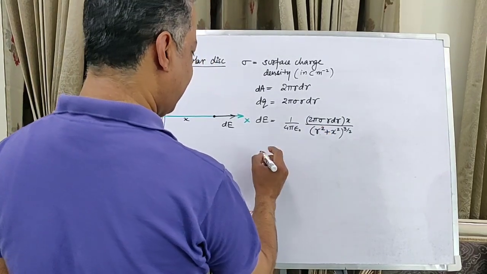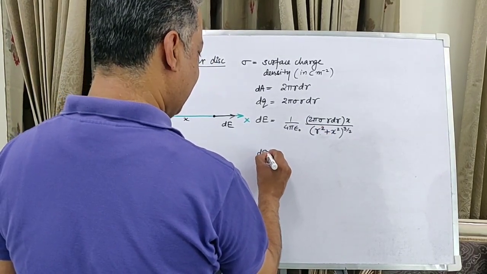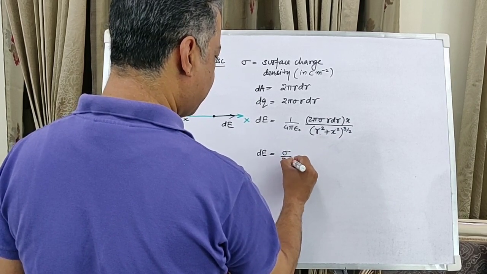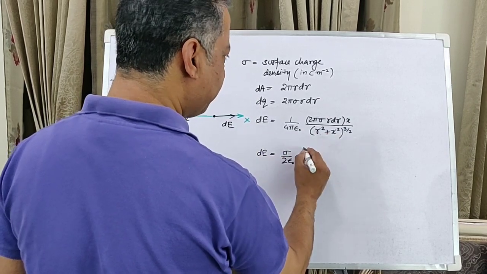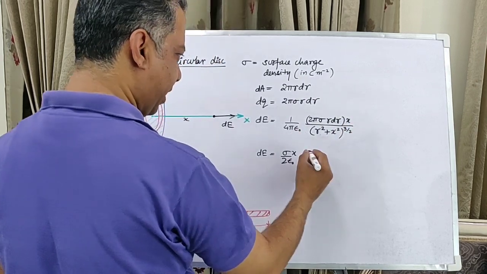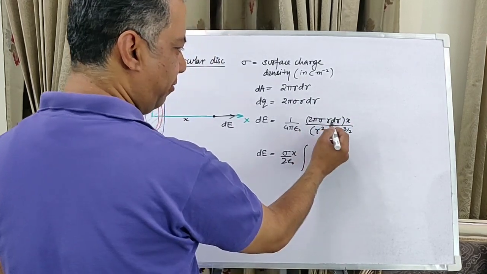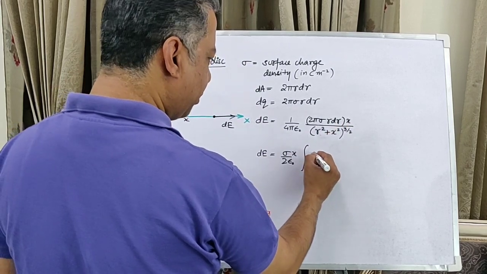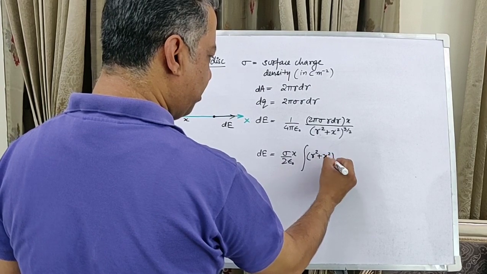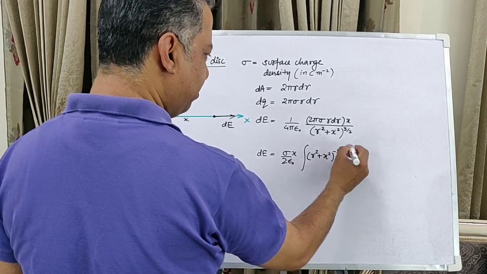So 2 pi cancels and we have dE equaling sigma by 2 epsilon naught times, we can take the x out as well because that's also constant. The only variable here is r, so r square plus x square to the power minus 3 by 2.